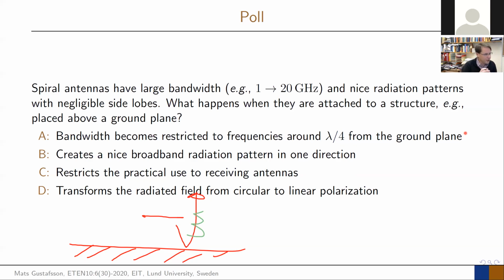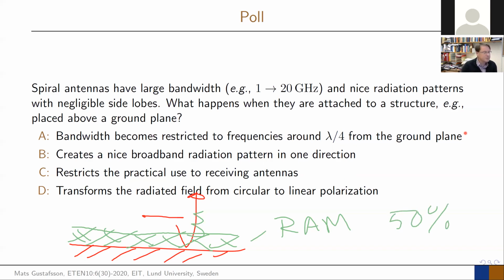And the trick to take this away is that you actually have your ground plane here, but you add another material here. So here I add a material which is called a radar absorbing material. So you put an incredibly lossy material under your antenna. What that will do is absorb 50% of the power.